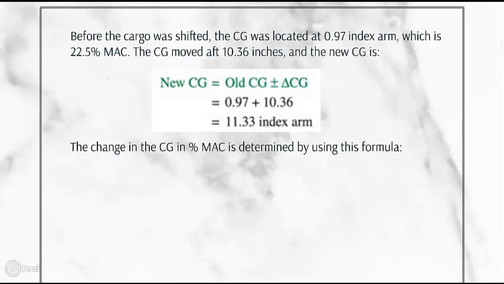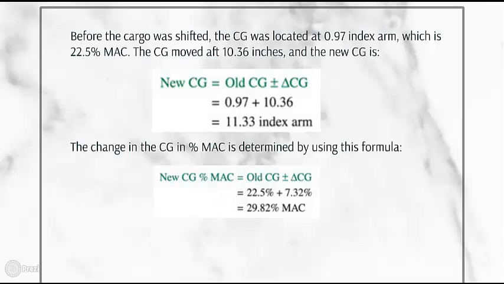The change in CG in percent MAC is determined by using this formula. New CG percent MAC equals old CG plus or minus change in CG. It will be 22.5% plus 7.32% equals 29.82% MAC. The new CG in percent MAC is the sum of the old CG plus the change in CG.